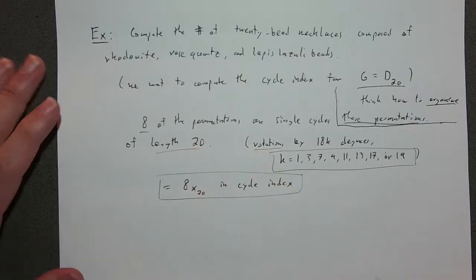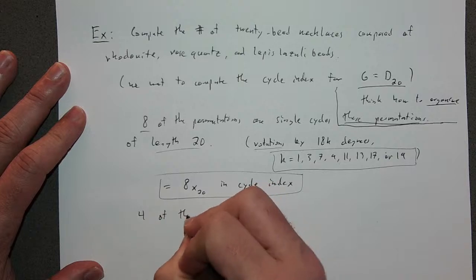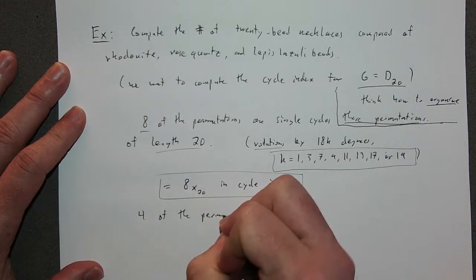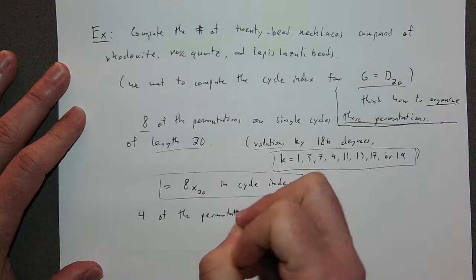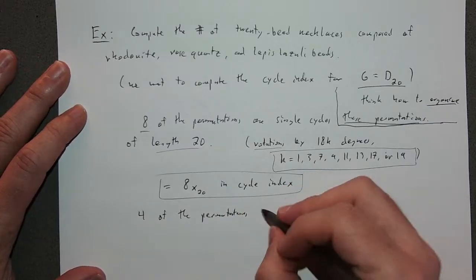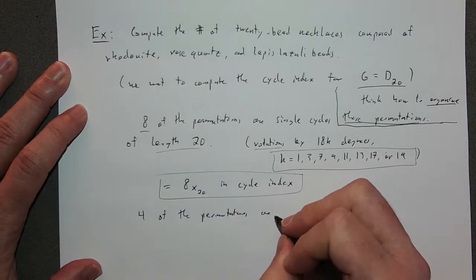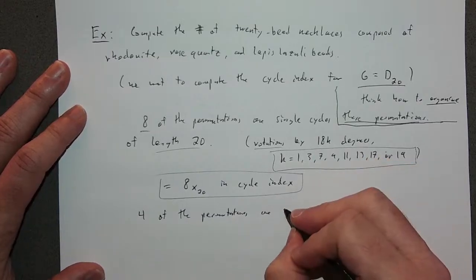4 rotations. So 4 of them are products of 2 cycles of length 10.